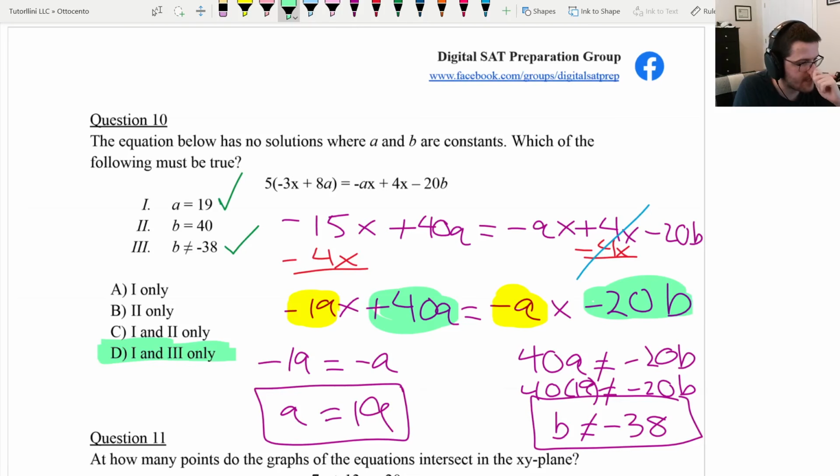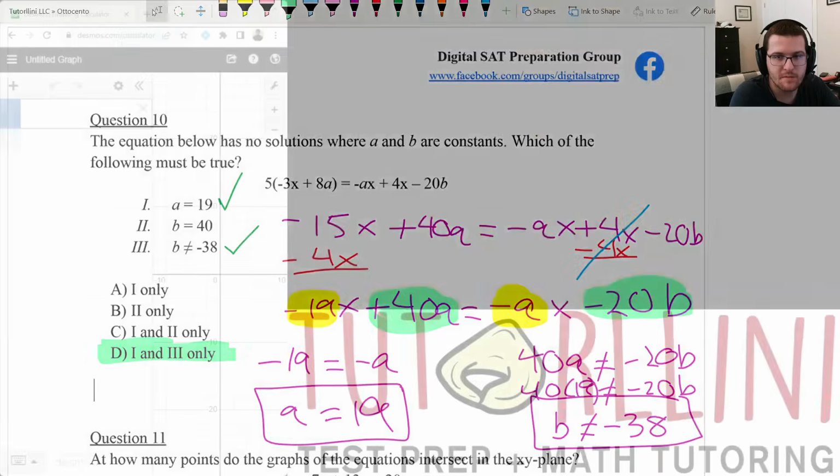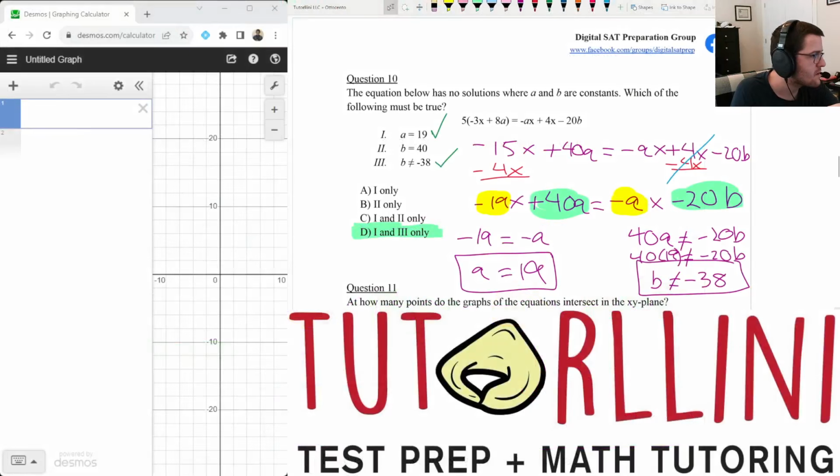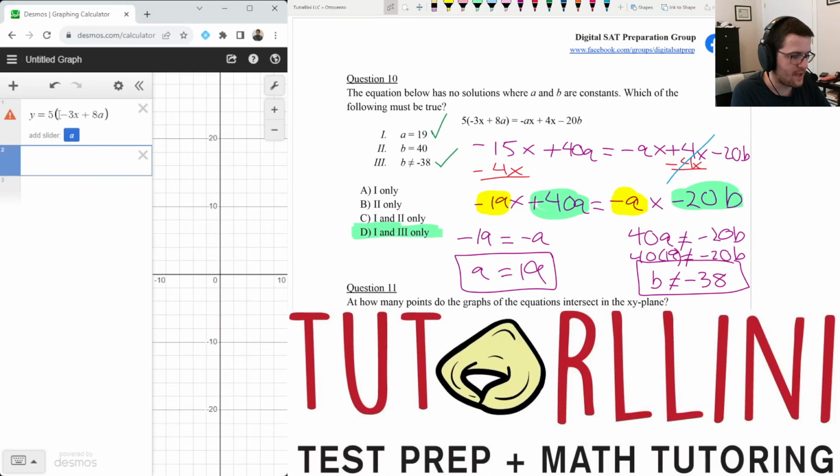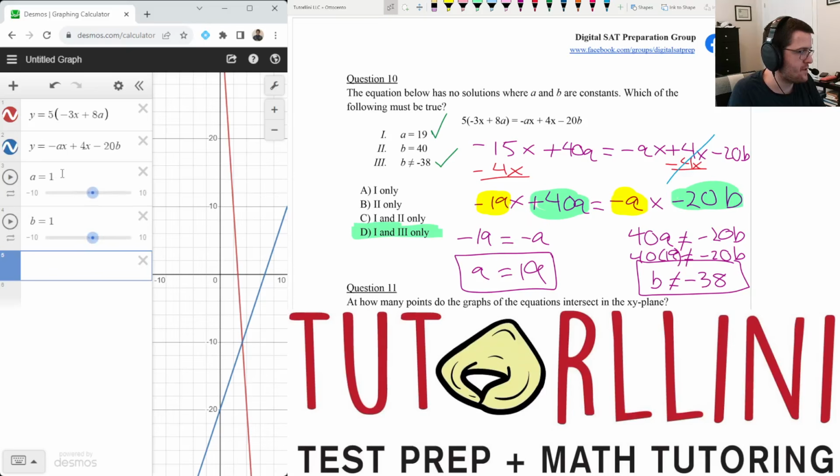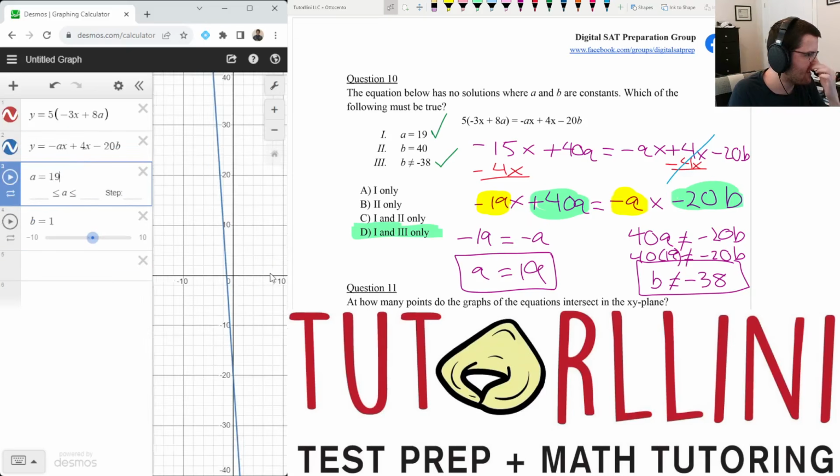So now to check that, why don't we just type it in? So y equals 5 negative 3x plus 8a. Hopefully I did that right. And y equals negative ax plus 4x minus 20b. And we're going to do a equals 19.